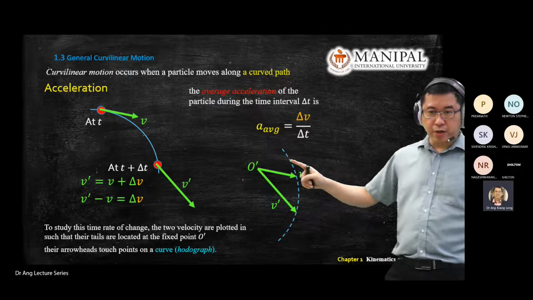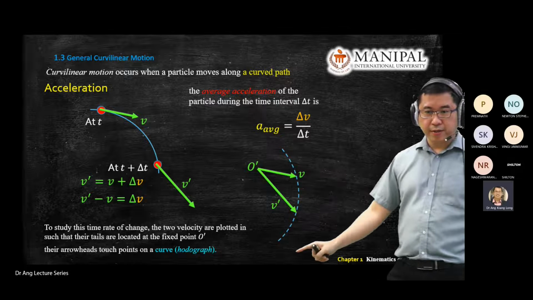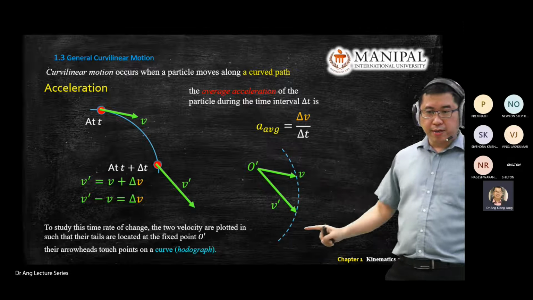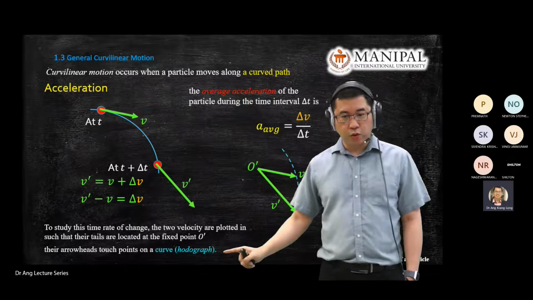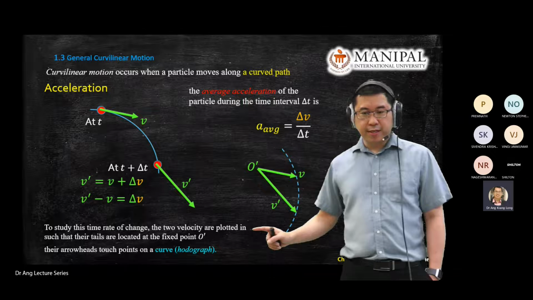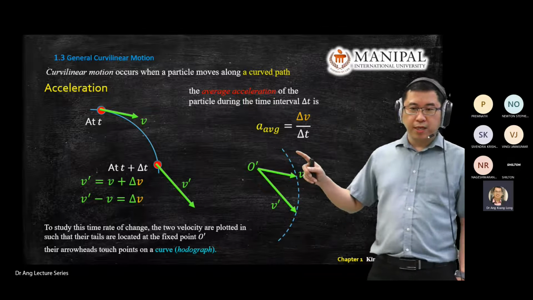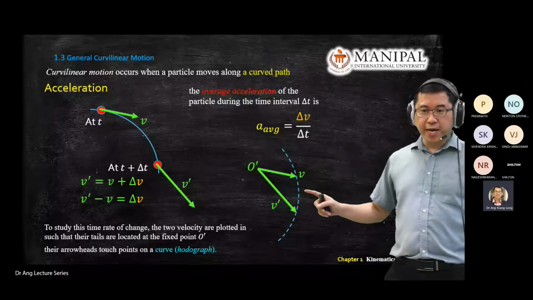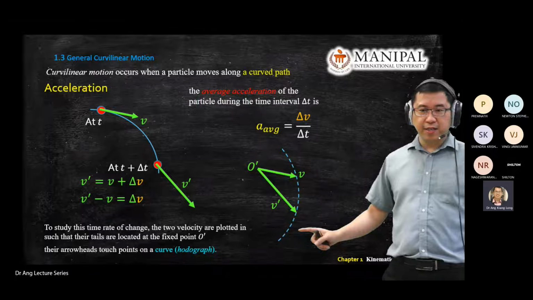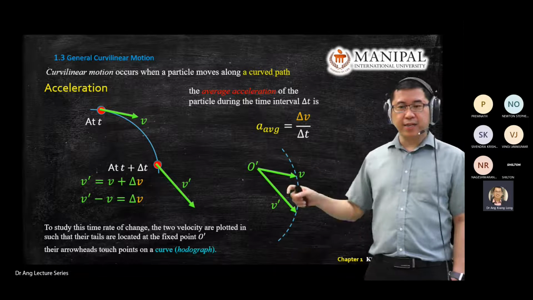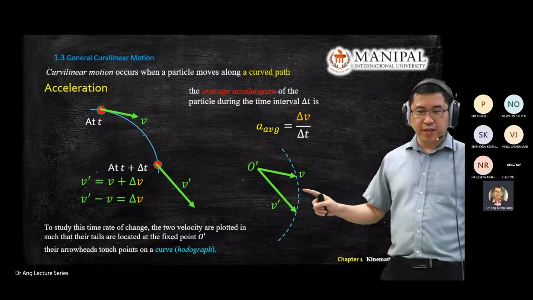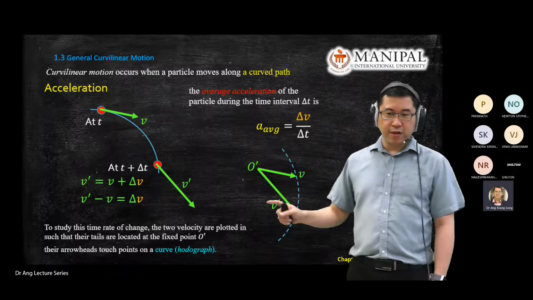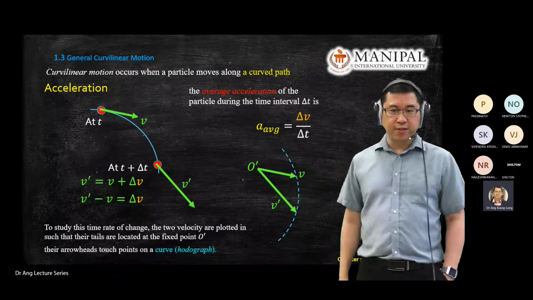That's why I add a dot line here. This dot line is a hodograph, or something that you create to analyze vector that move in the curve. You can say it's an imaginary curve for vector analysis.